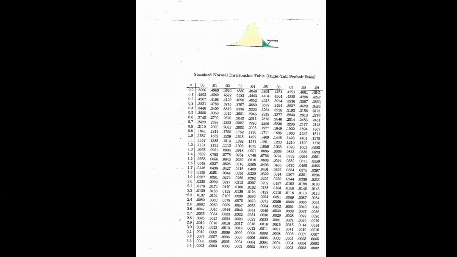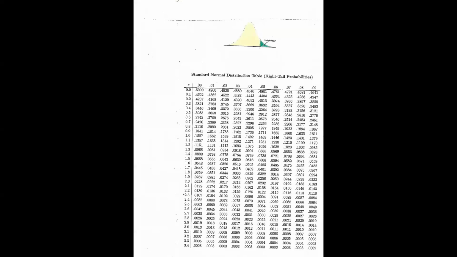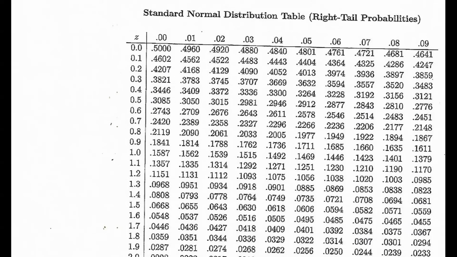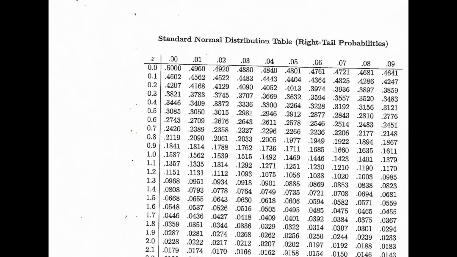All right. Let's go to the standard normal distribution table. Which table should we use? You said that we should be using the one from the lecture. That's what we agreed. Clear?